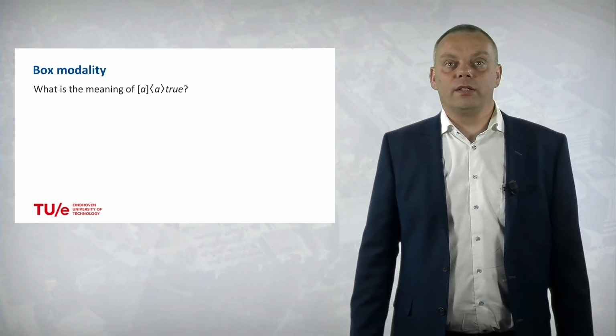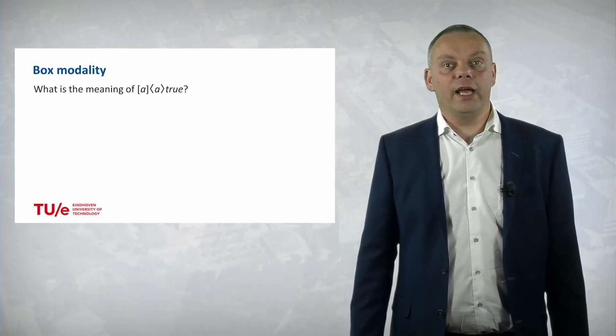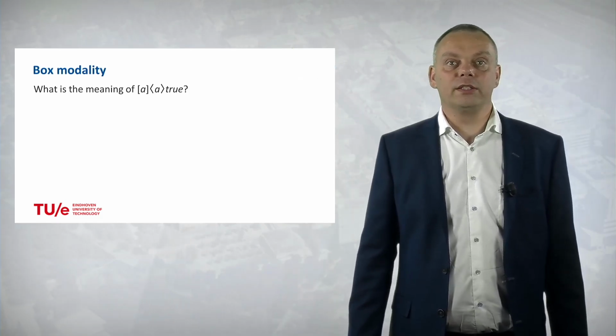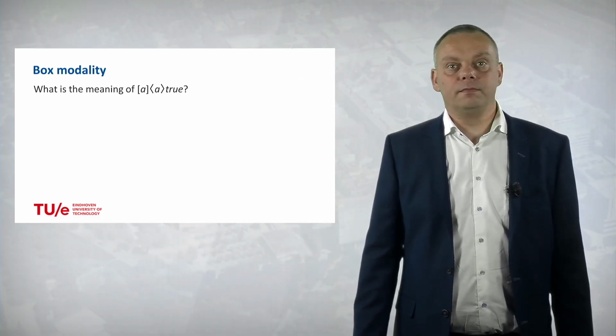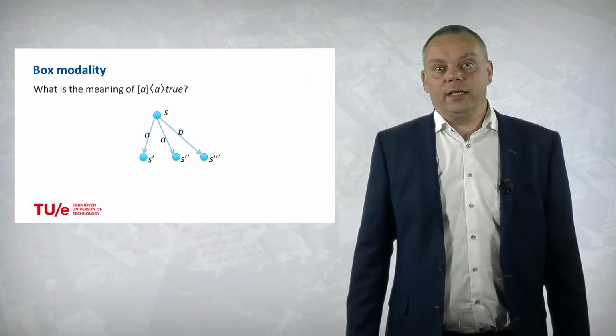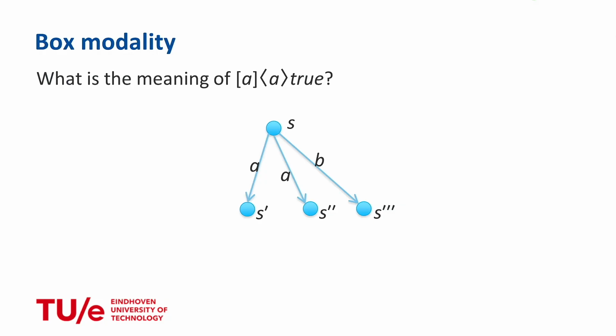So let's look at a few formulas with box modality. If we have box A, diamond A, true as a formula, what does that mean? Take, just to understand, this transition system with two outgoing A's and this not so relevant B. This says that if I do an A, I end up in a state where diamond A true should hold.